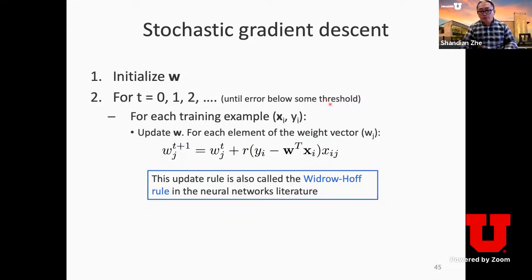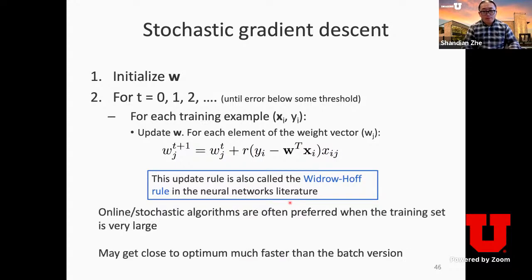This update rule is also called the Widrow-Hoff rule in the neural network literature. Okay, any questions so far regarding the algorithm details of stochastic gradient descent?